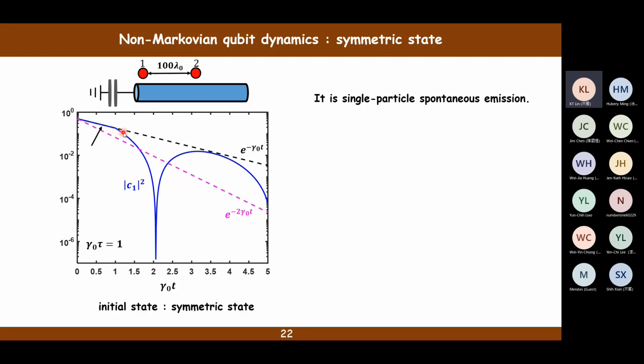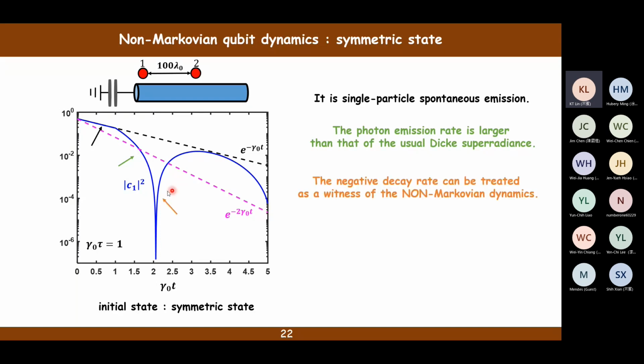That's why we have this very sharp change in the dynamics. Once this interaction has been built up, we observe some regions where the photon emission rate is larger than the superradiant decay. And in some regions we can have a negative decay rate, which can be witnessed as non-Markovian dynamics.